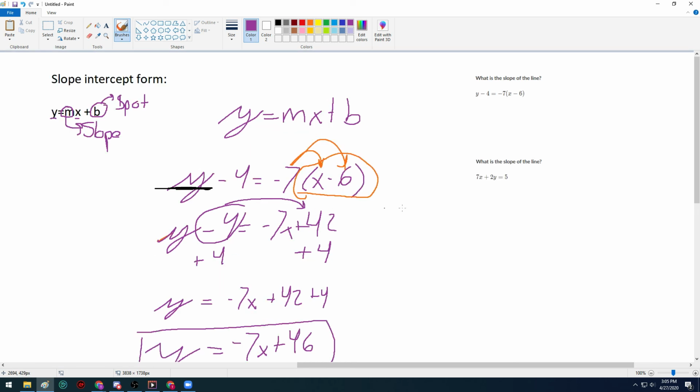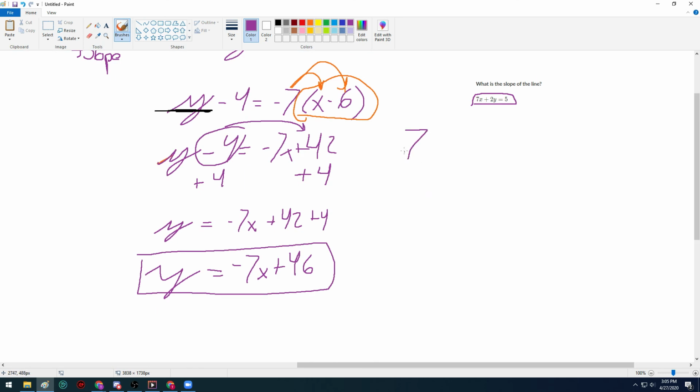Now the last example I want to do with you is this one. Again, I'll rewrite it to be a little bit bigger for you. We start out with 7x plus 2y is equal to 5. The first thing we need to do is get the y variable by itself. We need to bring over the 7x to the other side. If this is a positive 7x, how do we get rid of it?